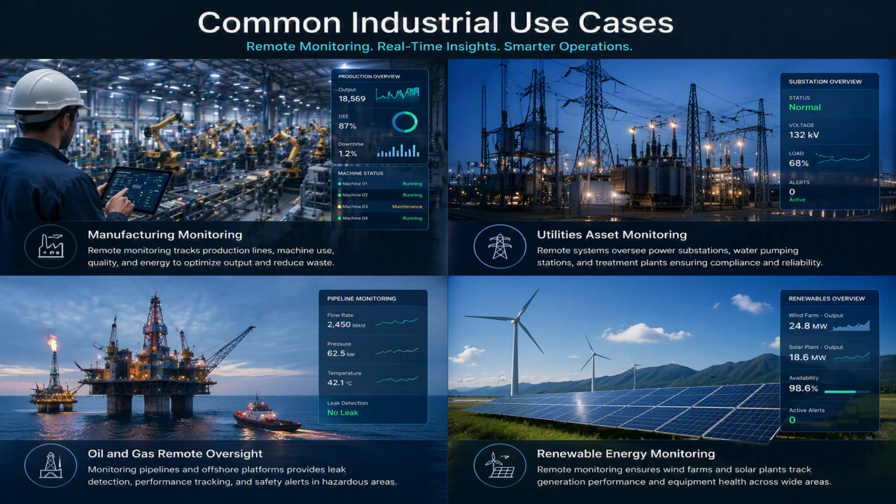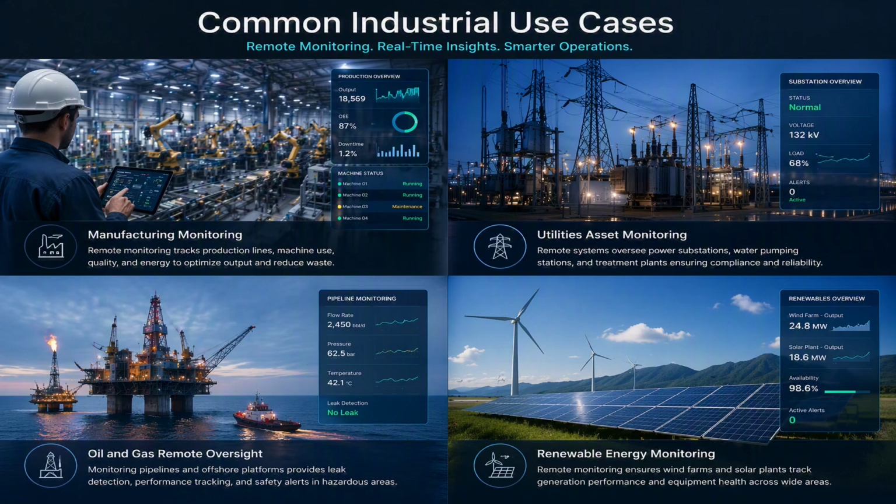Real-time visibility helps optimize throughput, reduce scrap, and quickly respond to equipment issues. In utilities such as power, water, and wastewater, remote monitoring supports geographically distributed assets like substations, pumping stations, and treatment facilities, ensuring reliability and regulatory compliance.